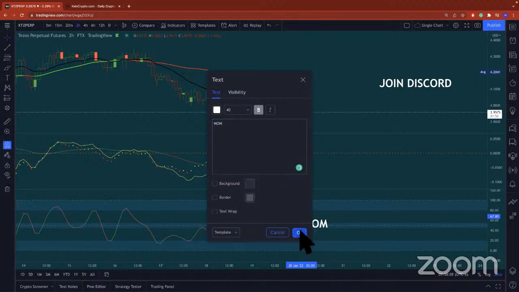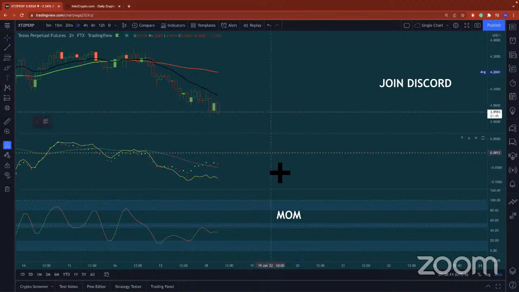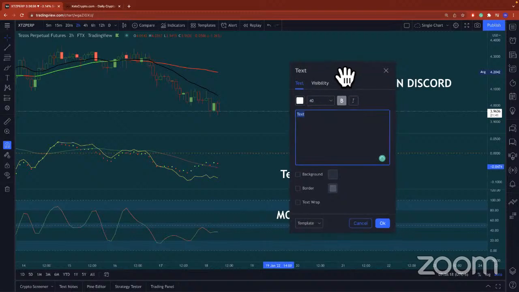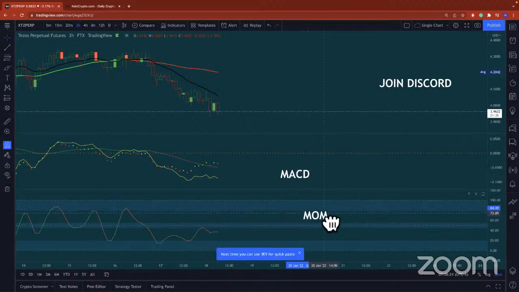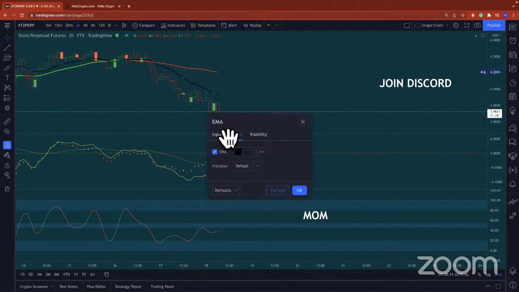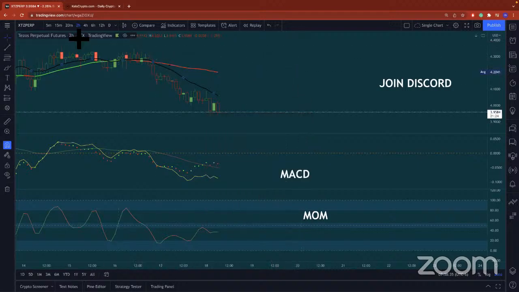That just means momentum, whatever momentum indicator you want to use. The middle one is a custom indicator that I've had created for me, similar to the MACD, so we'll call it MACD. And then this one is just a trend direction, and this one is going to be an EMA 15. Since you're scalping, that's what you really want to do.